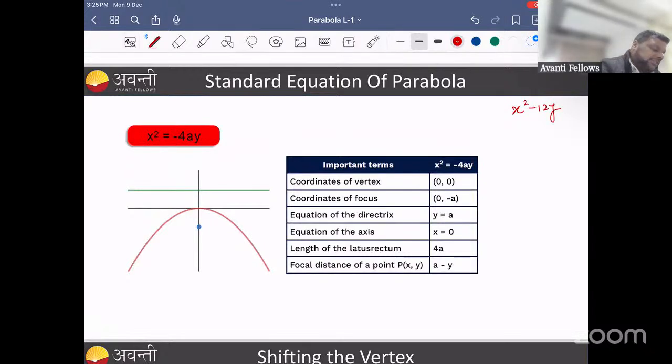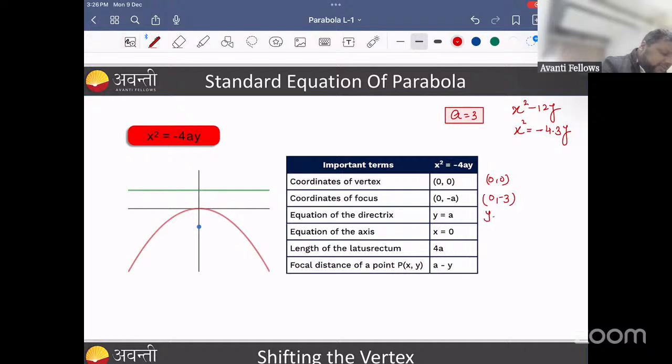Now everything you know in the same way, vertex is 0, 0, focus 0 comma minus a. Okay, let's do one thing. Let us write everything for this parabola. This is x square equals to minus 4 into 3 into y. Got it? So a is what in this case? a is 3. So vertex is 0, 0. Focus is 0 comma minus 3.